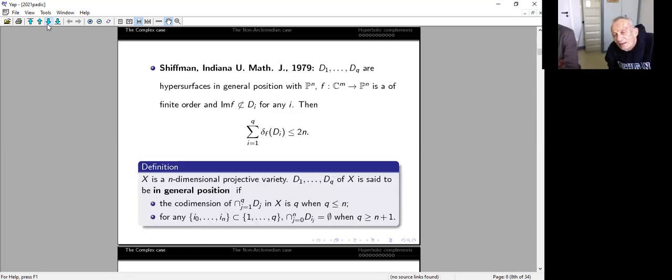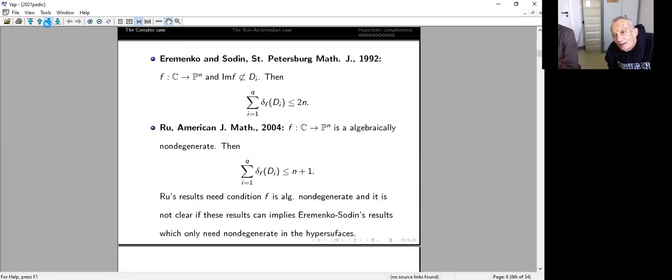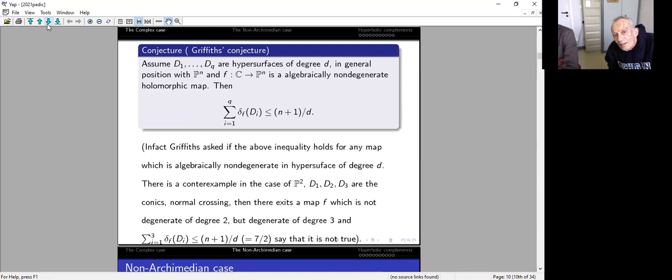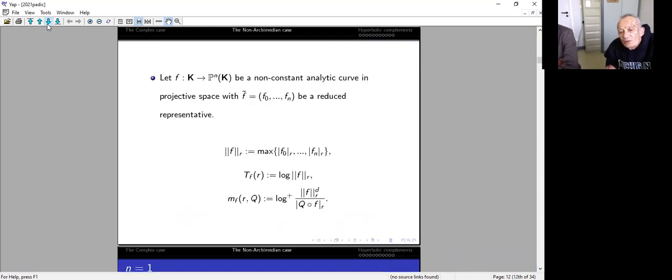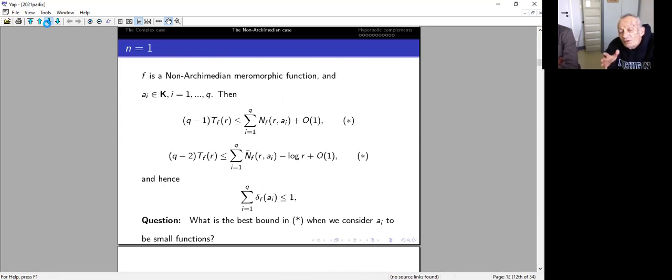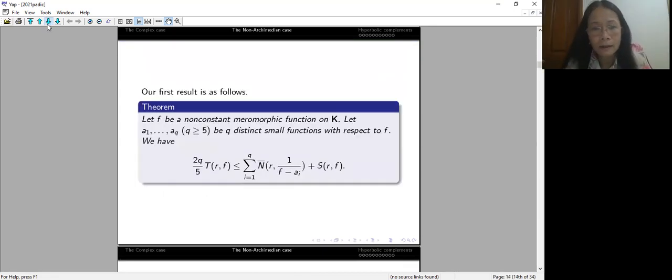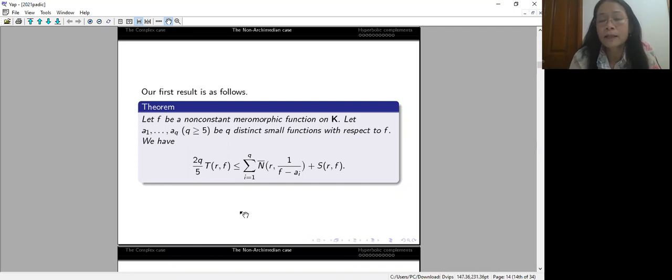Wait a little bit, I can show you. Yeah, I understand what you want to say. To prove this, we have to use the second main theorem in terms of minus log r.